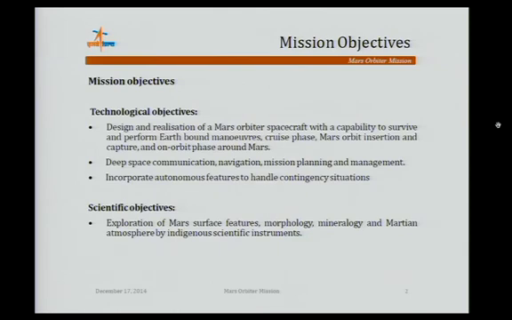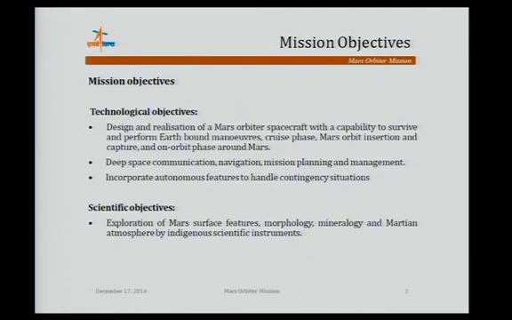Basically, mission objectives are derived from two major objectives: technological objectives and scientific objectives. Technological objective basically is design realization of Mars orbiter spacecraft with capability to survive and perform Earth-bound maneuvers, cruise phase, Mars orbit insertion, and capture the Mars and on-orbit operation on Mars.